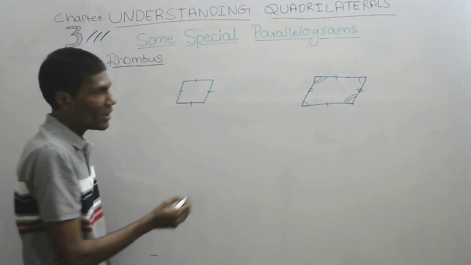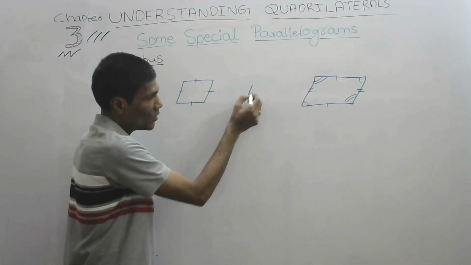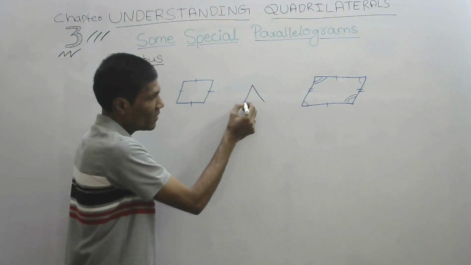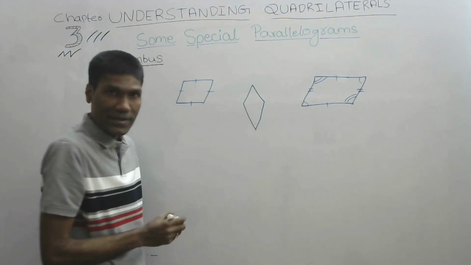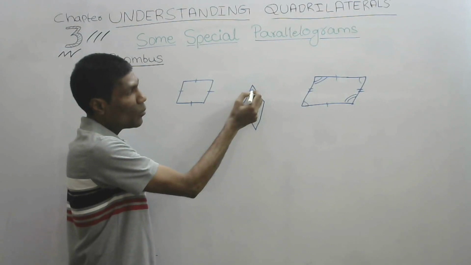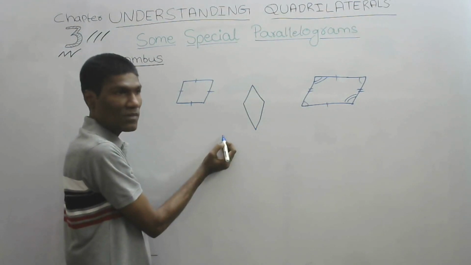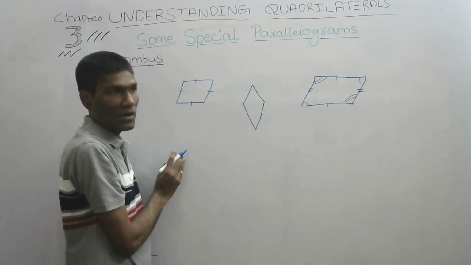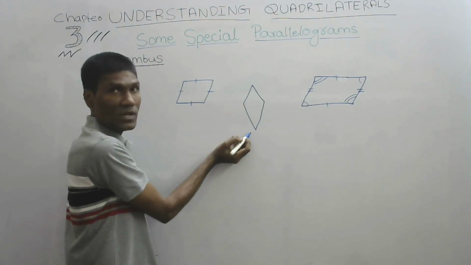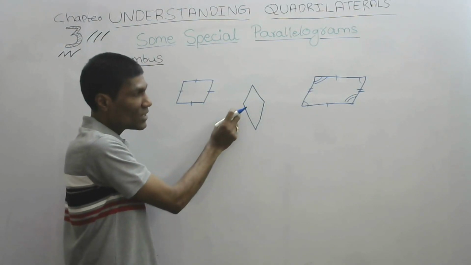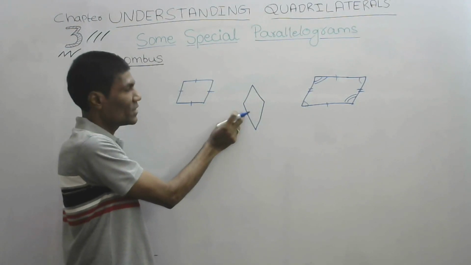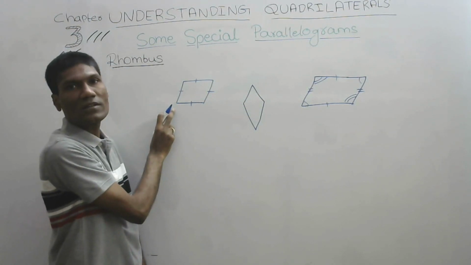Now, do you remember a kite? In a kite, opposite angles are equal, but the side lengths are not all equal. If we make adjacent sides equal, then we will get the same figure.